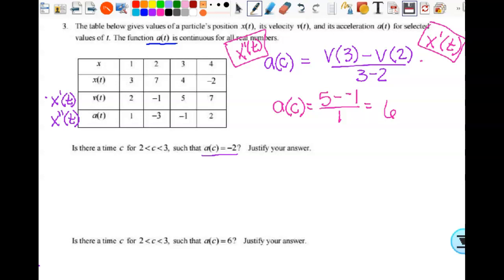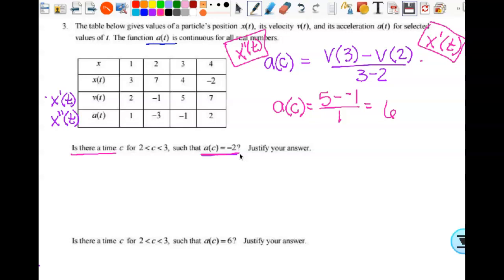Okay. And then we knew that v of t is the derivative of the position. A of t would be the second derivative. So just different ways to look at that. So it says, is there a time, it tells me it's either MVT or IVT, right, where A of c is equal to -2, okay?